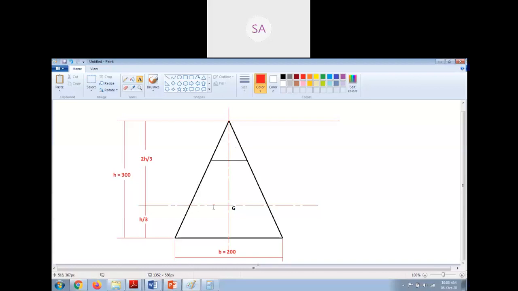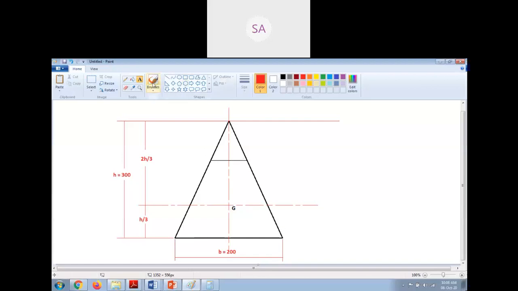This will be our reference, and with reference to this we will be finding the shear stress at various locations. Now I have done a construction. I have drawn a horizontal line inside the triangle which is parallel to the base, and this forms another symmetric triangle. So these two triangles are similar triangles.